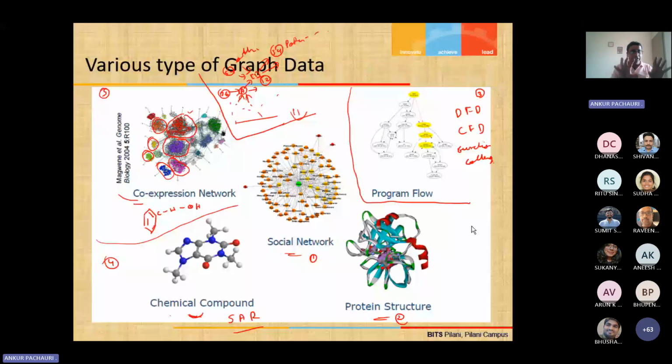Although both are complex structures with millions of nodes, it may be possible that both graphs are disjoint. Both graphs are different from each other. So it's not the case that this is the whole world of research. No, this is not the whole world of research. This is the graph based on a particular domain, a particular area of expertise.